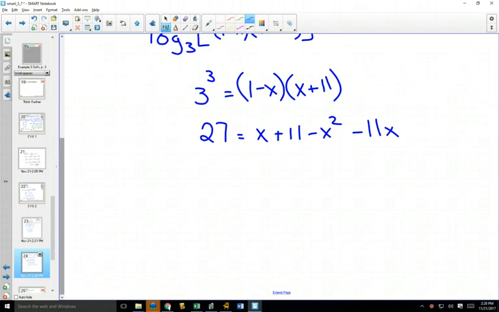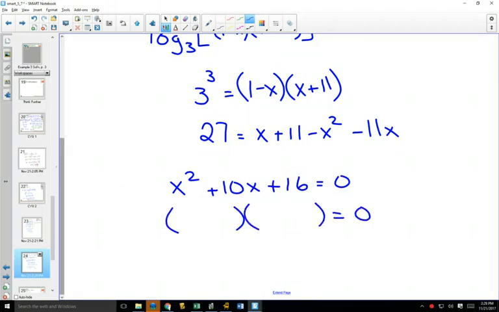So I'm going to make one side equal to 0. I actually prefer to make this side equal to 0 because I don't like factoring when my x squareds are negative. So if I move everything over, I have a minus 10x. It'll be plus 10x. 27 minus 11 plus 16. This factors nicely. x plus 8, x plus 2. x equals negative 8 and x equals negative 2.